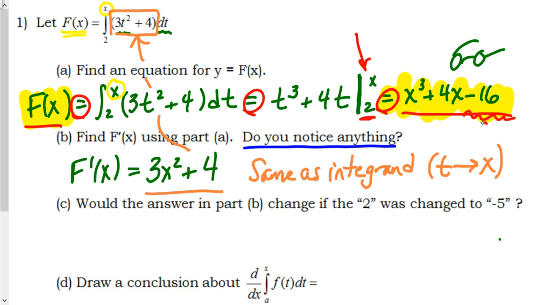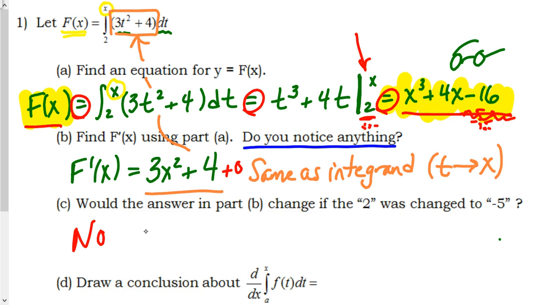So that would be a different number if this had been a different number. But then I took a derivative, and the derivative of any number is going to be this big fat 0 right there. So I'm going to say no, because the derivative of a constant is going to be 0.